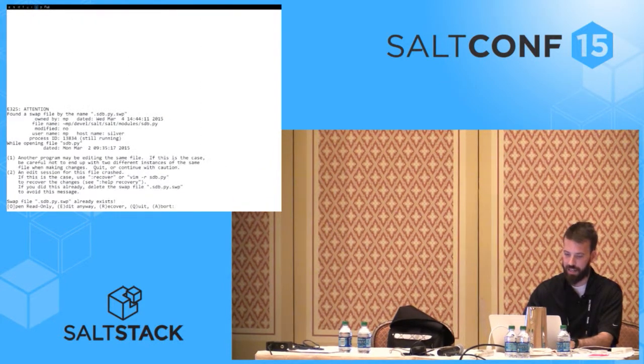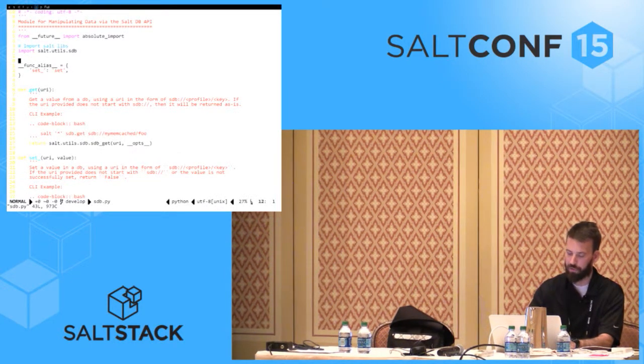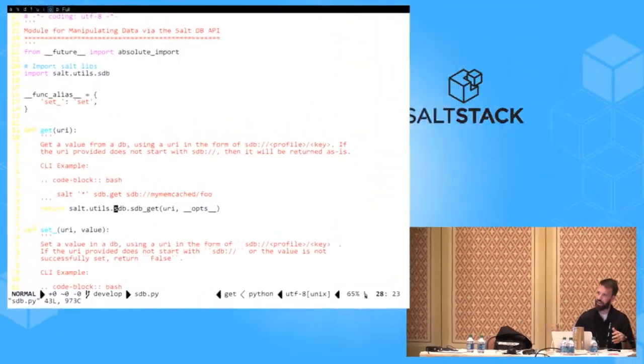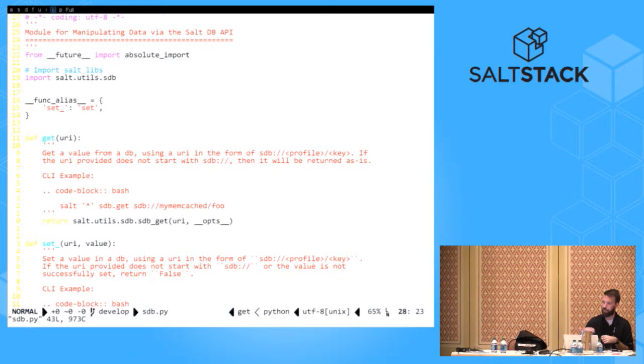Here's the SDB execution module. You see that this is literally a wrapper around the plugin system, which in this case is salt.utils.sdb, which then goes out and evaluates back into Salt, SDB, SQLite, and then you're off to the races. Does that relationship make sense now? Okay, great.